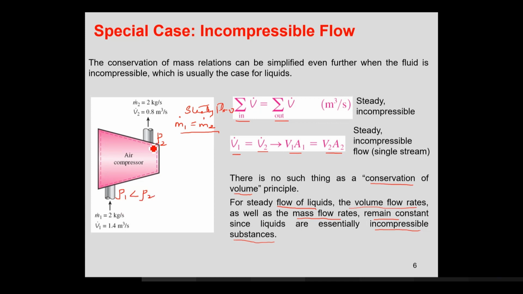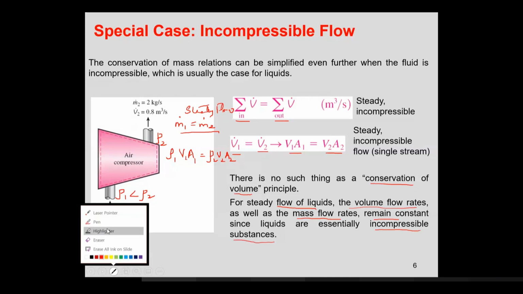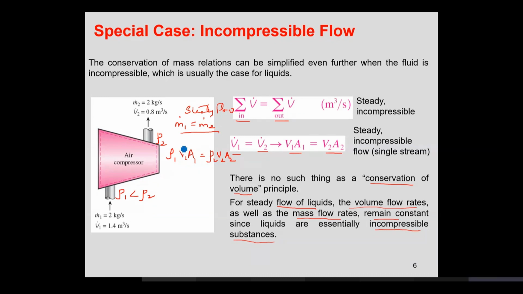The compressor compresses the air and increases the density. In such a case, if I write the equation in this form, m dot 1 is equal to rho 1 V1A1, which is equal to rho 2 V2A2. This equation is balanced and correct. But if I combine these two terms together, this is essentially the volume flow rate.